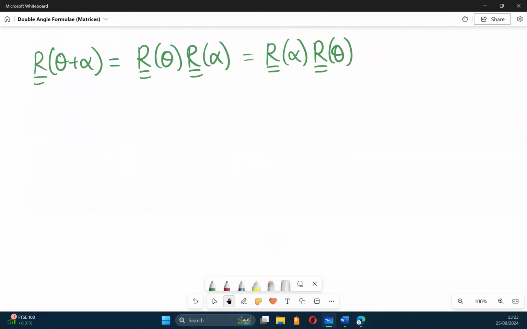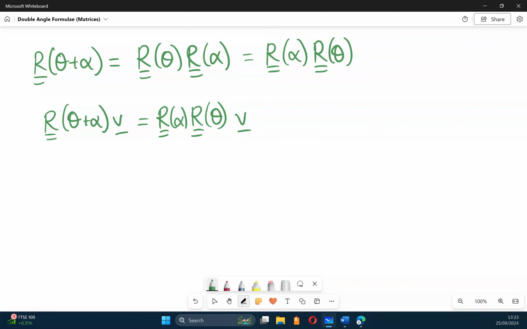Now, if we act on a certain vector, let's call it v. Now, I'll choose to write this as R of theta and then R of alpha acting on v. Again, I could have chosen the other way, but it doesn't really matter here.